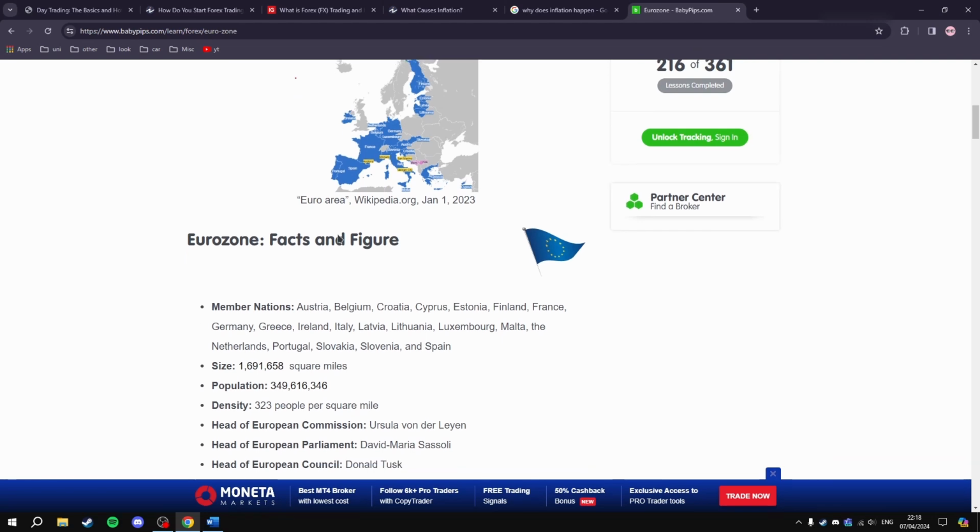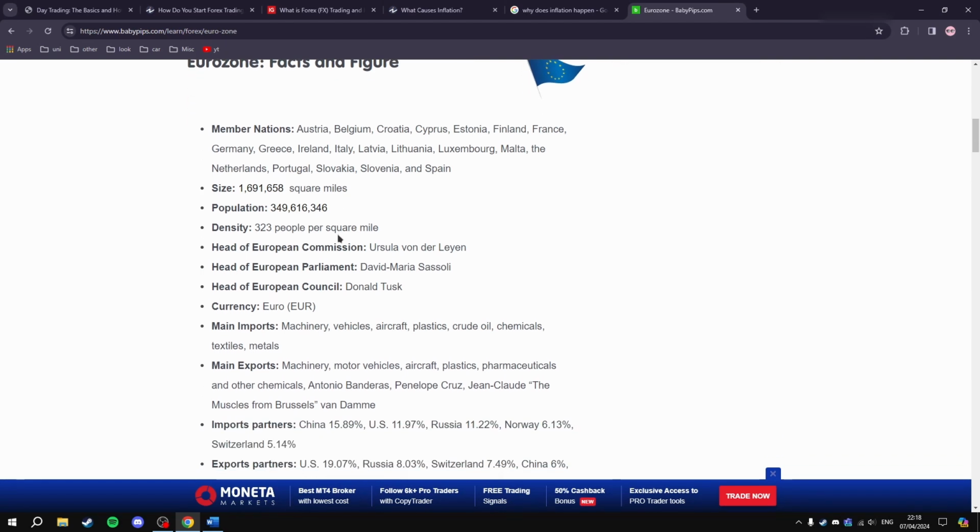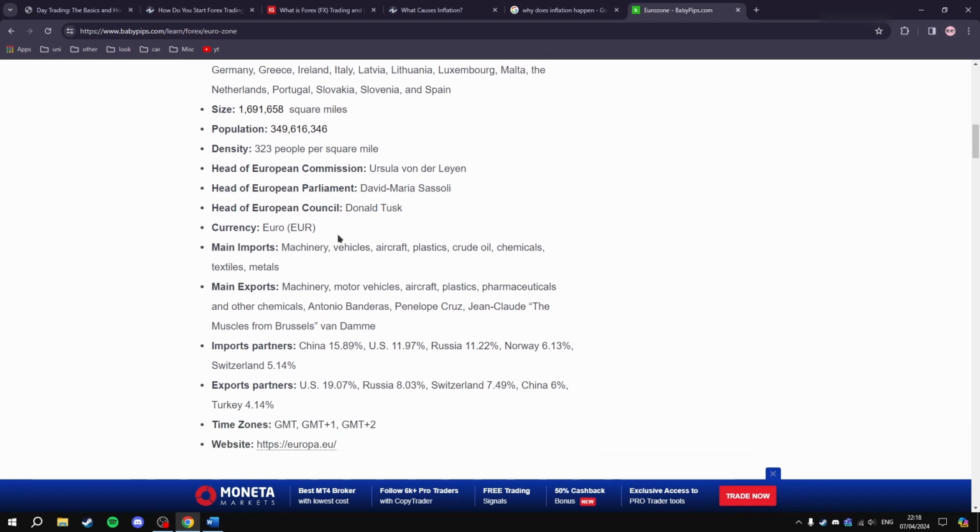Eurozone, facts and figures. Member nations: Austria, Belgium, Croatia, Cyprus, Estonia, Finland, France, Germany, Greece, Ireland, Italy, Latvia, Lithuania, Luxembourg, Malta, the Netherlands, Portugal, Slovakia, Slovenia and Spain. Size: 1,691,658 square miles. Population: 349,616,346 people.